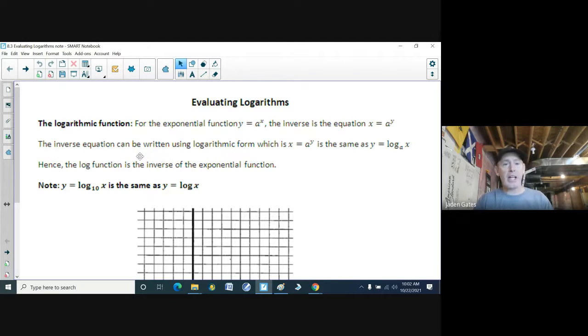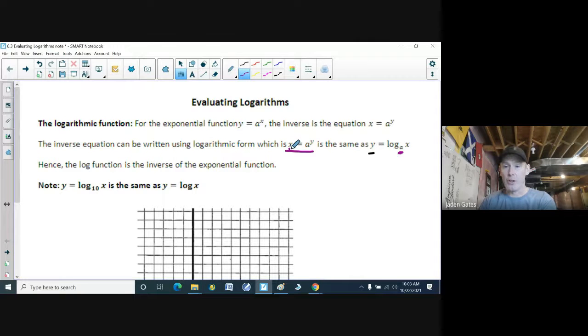So the inverse equation can be written using logarithmic form. So that's the reason we have logarithmic form is because generally we like our equations as y equals. And so in this case, there's the difference here, that here is the inverse of an exponential equation, but we're going to write it as a log, and you'll see that the base is this little number down here.